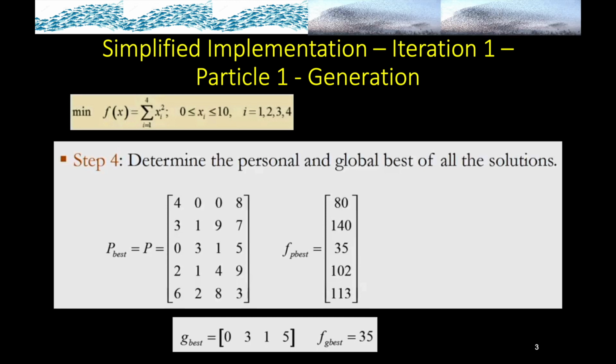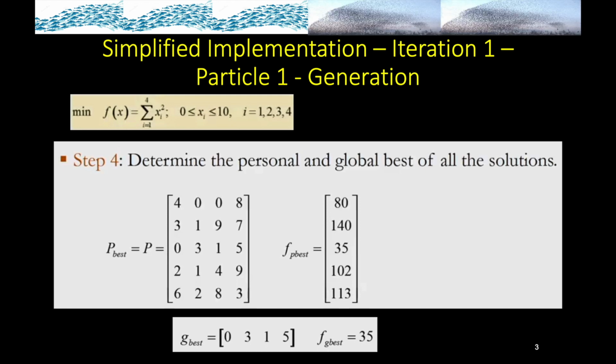Similarly, we can determine its fitness value, which will be called FP best from this point on. Similarly, you can come up with the P best for the second particle, the third, fourth, and fifth particle, and find their fitness values as well. We can determine the global best by taking the particle which has the best fitness value.